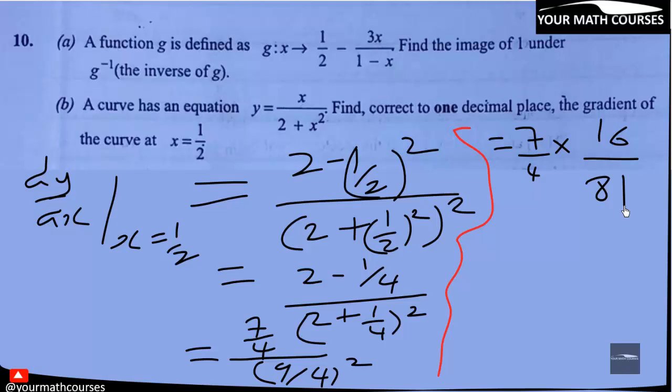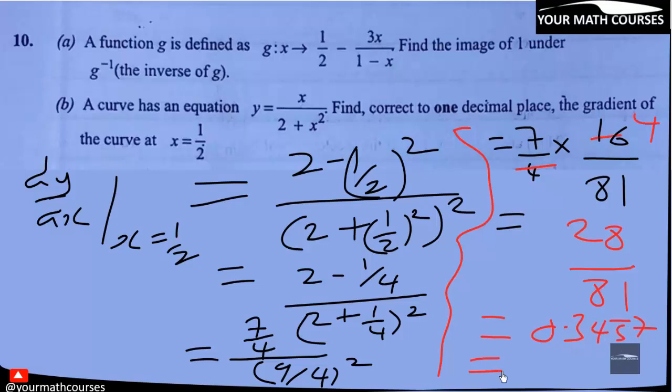Then you reciprocate it and multiply. So we have 4 going into 16 4 times. So 7 times 4 will give us 28 over 81. 28 over 81 is approximately 0.3457. To one decimal place will give us 0.3.